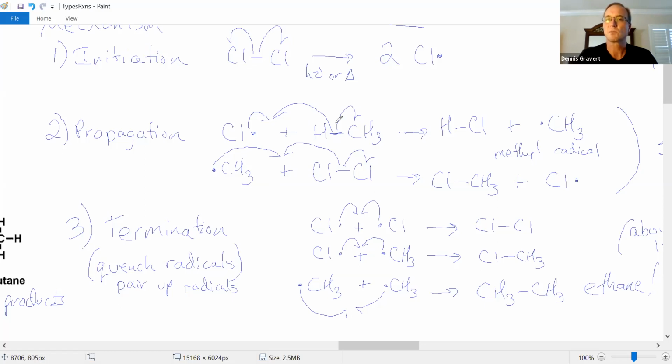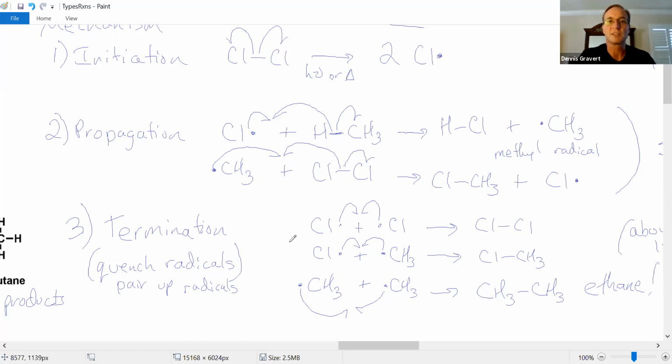And we're switching, right? So the pattern here is a halide radical with an alkane makes hydrochloric acid and a methyl radical. And then the carbon-based radical will react with the halide. So that's kind of a repeating pattern. Halide with carbon, carbon with halide. And then we make the other product with a halide radical.